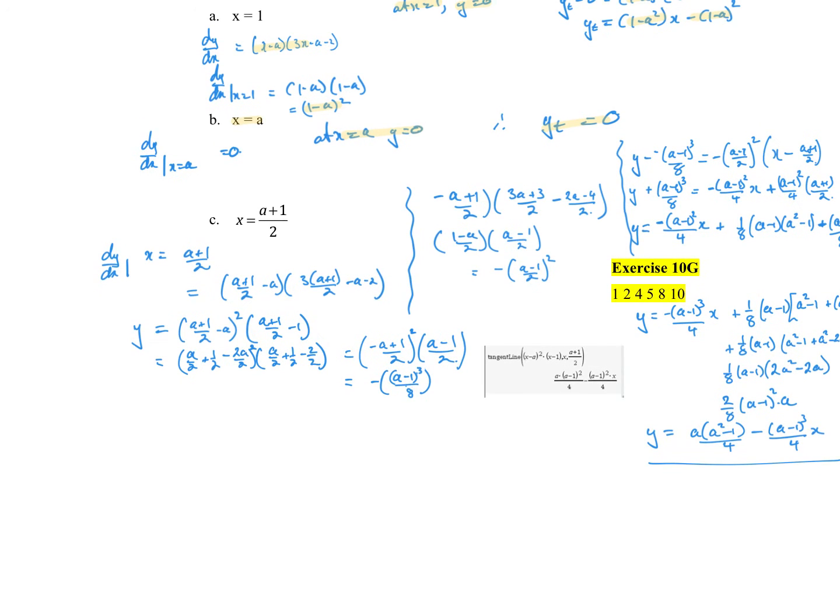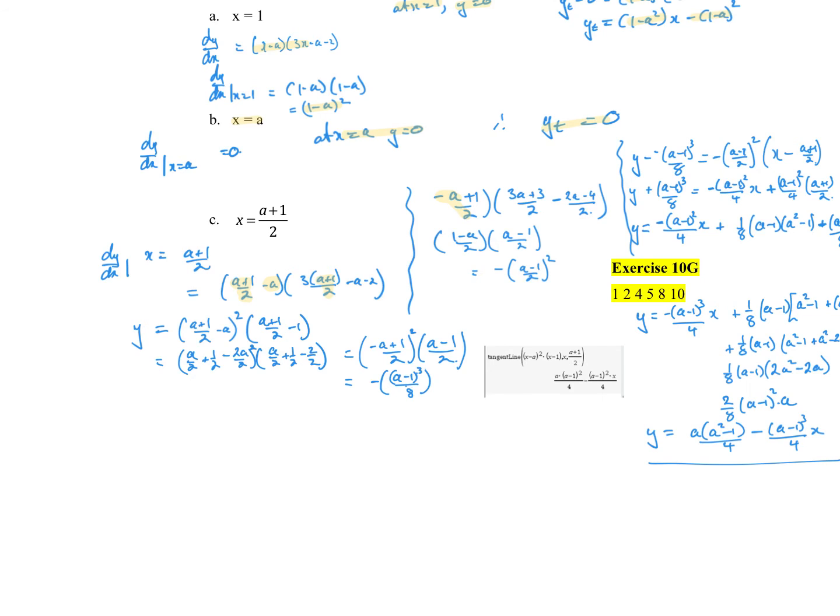If x is equal to a plus 1 on 2, things are a little bit messier. So there's my a plus 1 on 2 substituted into my derivative. And so then if I come up here, I've got a on 2 minus 2a on 2 will give me a minus a on 2.